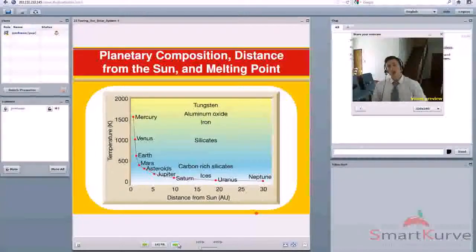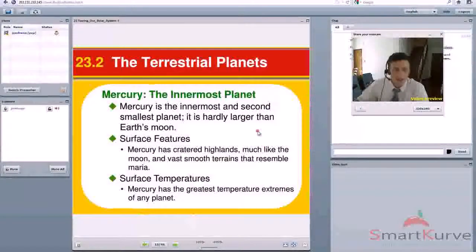Surface temperature. Mercury has the greatest temperature extremes of any planet. What that means is Mercury has the greatest difference between night and day. Mercury has no atmosphere, so there's nothing to moderate the temperature. So when it's daytime on Mercury and it's receiving sunlight, it's like an oven.